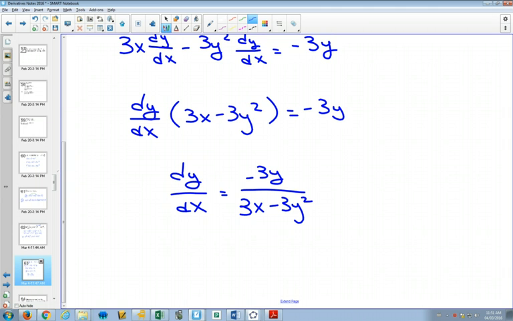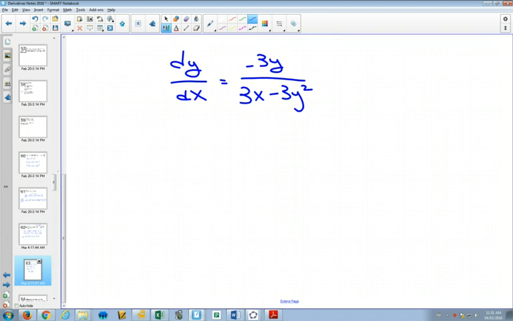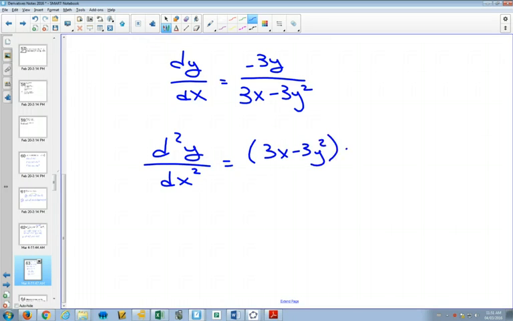What's going to happen? Well, the nice thing is when we do the derivative again, this side is just going to be the second derivative. This side, we're going to have some work to do. Yes, we're going to have the quotient rule and implicit differentiation. So we keep the bottom the same, times the derivative of the top.